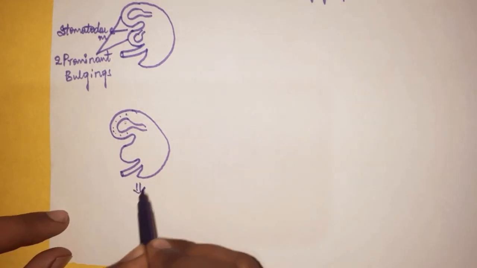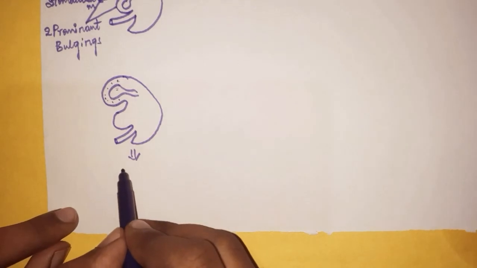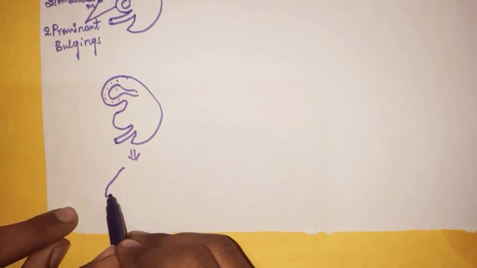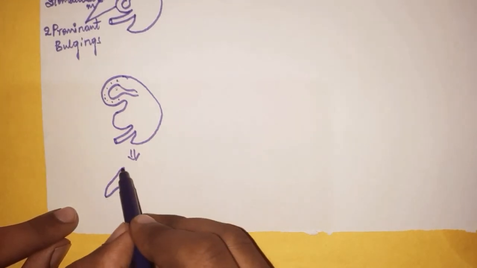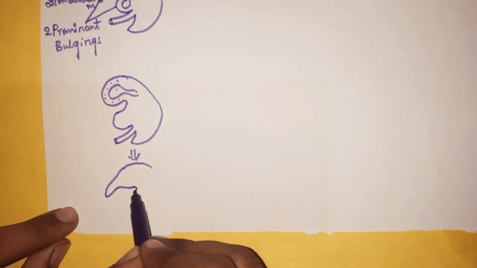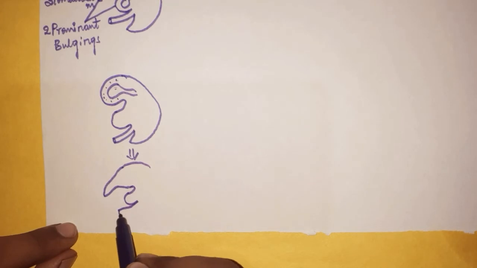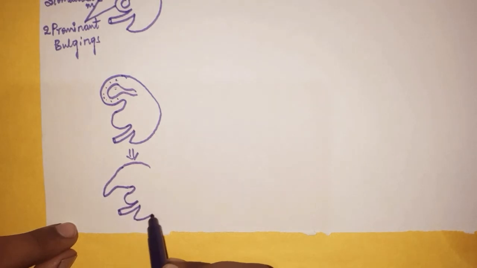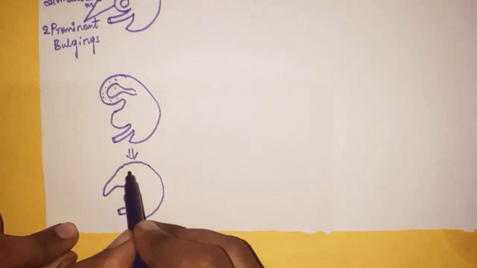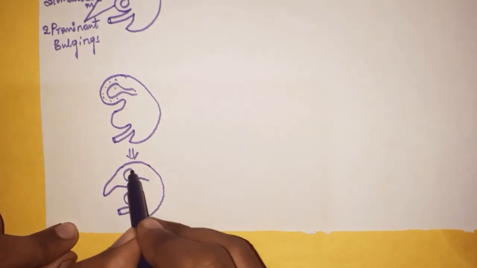This will become like this. The mesoderm is proliferated. Of course, this is the stomatodium, pericardial bulge, tail end. This is the developing brain.